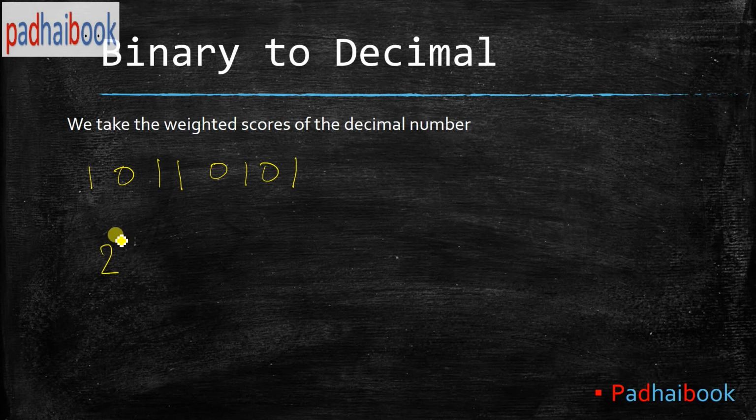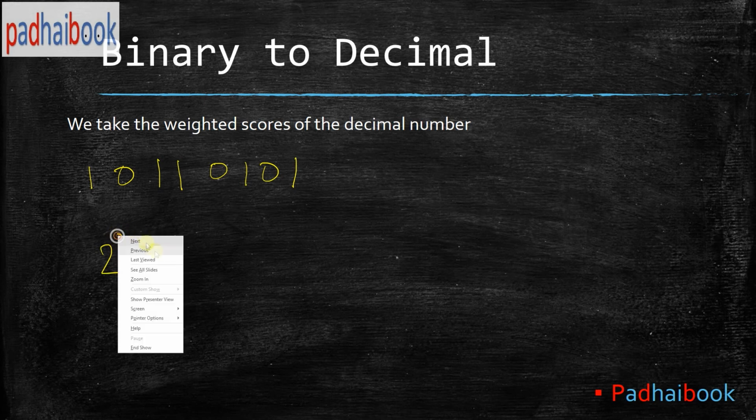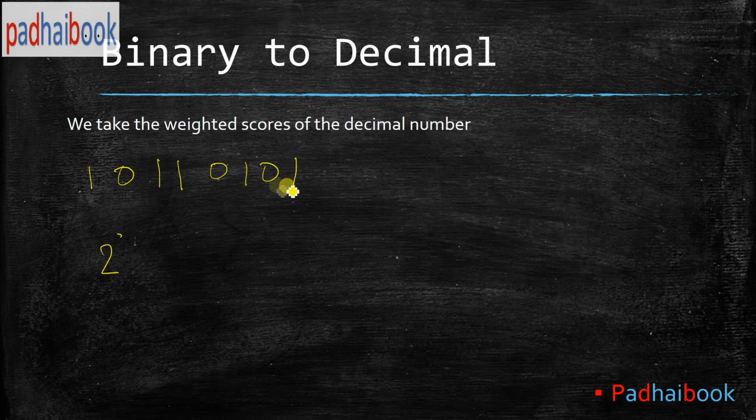That will be 2 to the power 0 plus 2 to the power 2 plus 2 to the power 4 plus 2 to the power 5 plus 2 to the power 7.